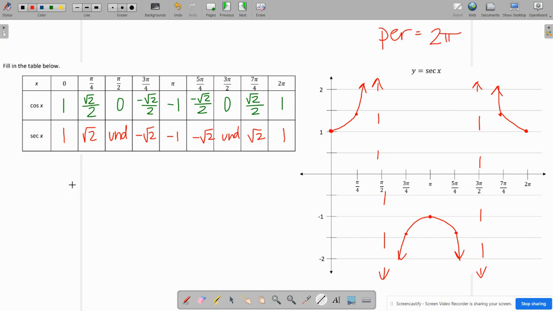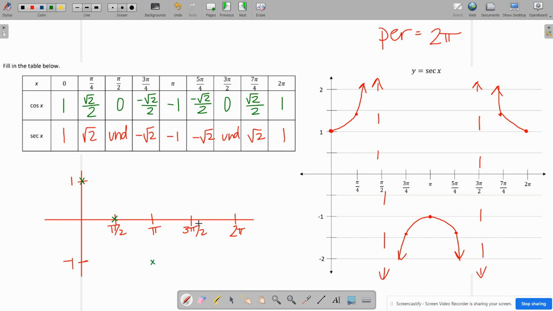So again, I would think of graphing this the same way that I would graph cosine. So if I'm graphing the cosine parent function, then thinking about what starts on the midline and what doesn't can help us to graph the secant function. Again, if I were graphing cosine, it would start at the maximum here off the midline.